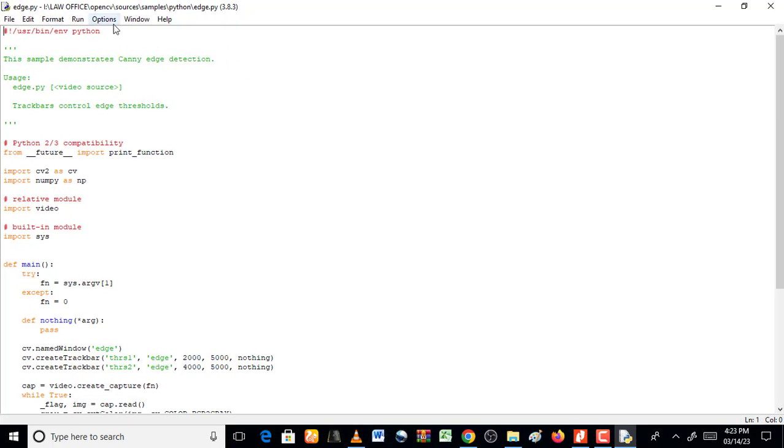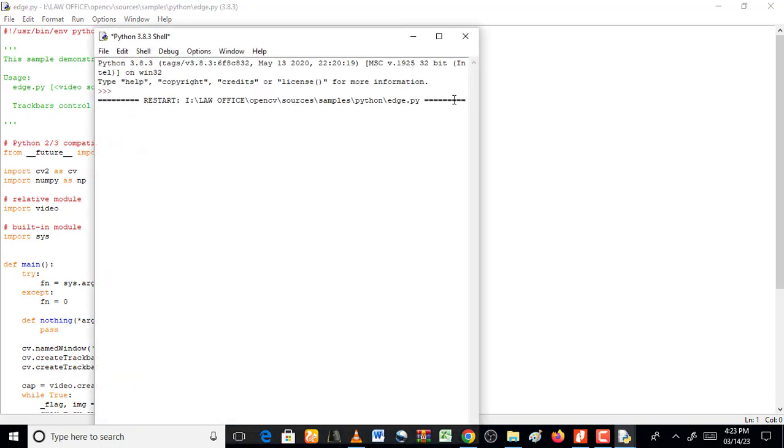The program uses edges. Simply run the file by pressing here.